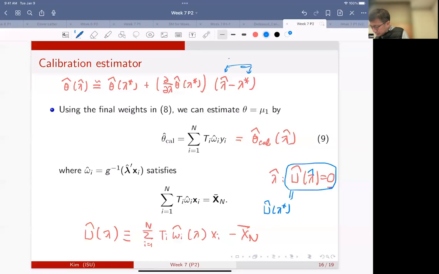If you do the Taylor expansion, you will get lambda star plus the derivative times lambda hat minus lambda star, and this is approximately equal to 0.